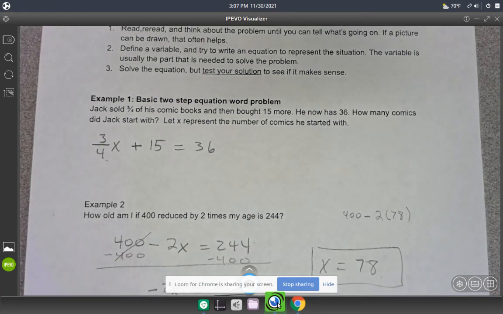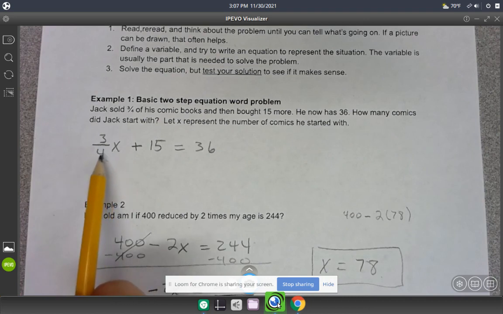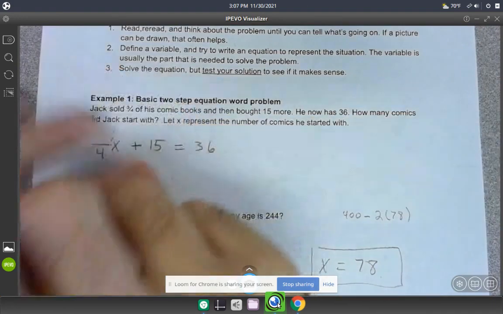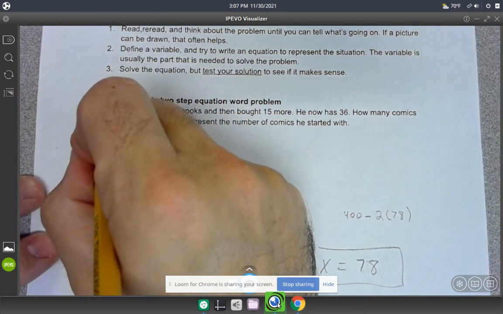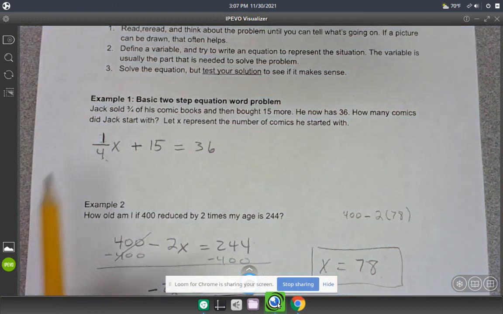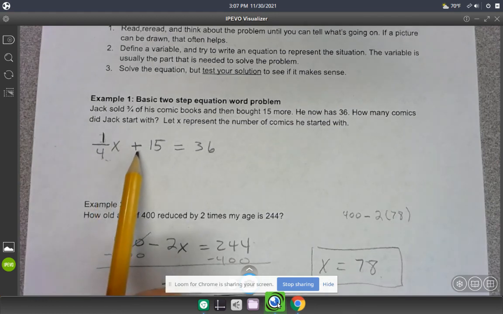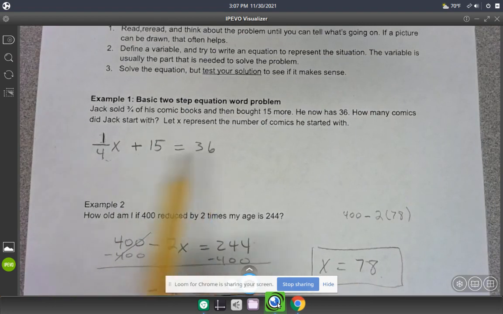So if he sold 3/4 of his comic books, that means he still has 1/4 of them. This represents how many comic books he actually has. He's got 1/4 of his original collection, and he's adding 15 more to it, and now he's got 36. So this we can solve.